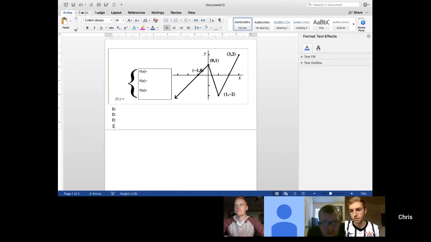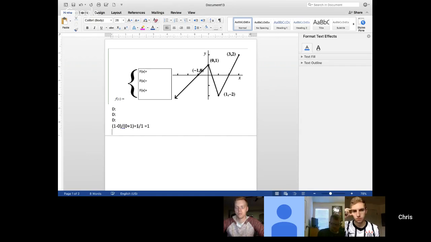So we can do y2 minus y1, which is 1, and divide that by x2 minus x1, which is 1. That gives us our slope. So it's 1 divided by 1, which is 1.